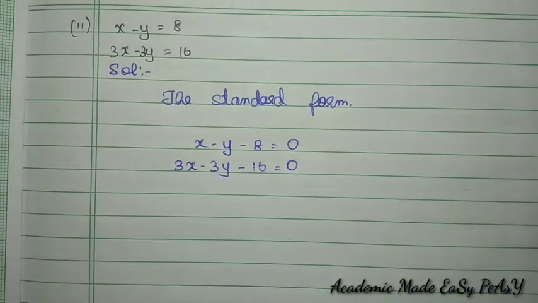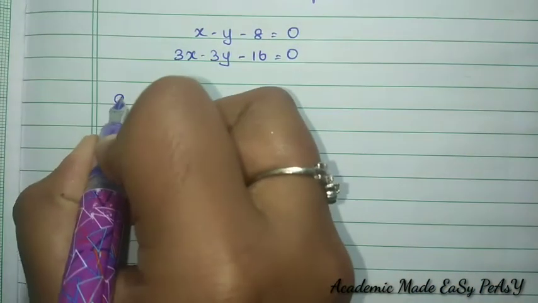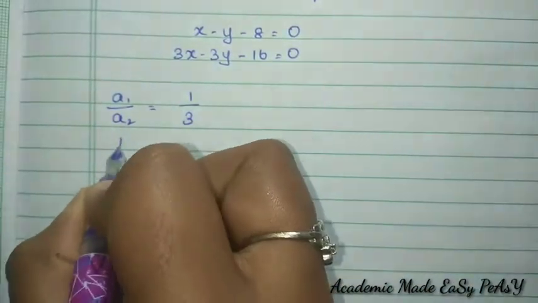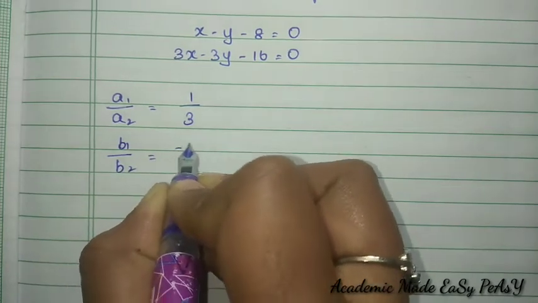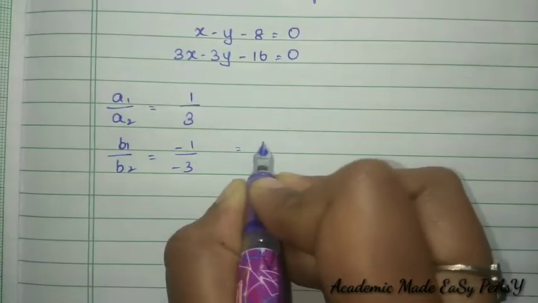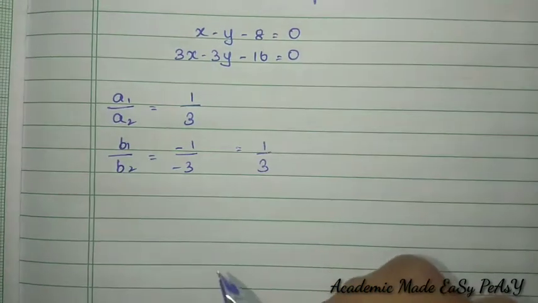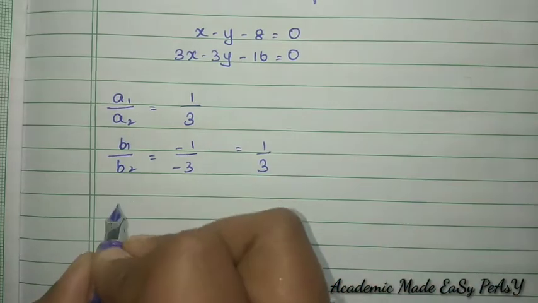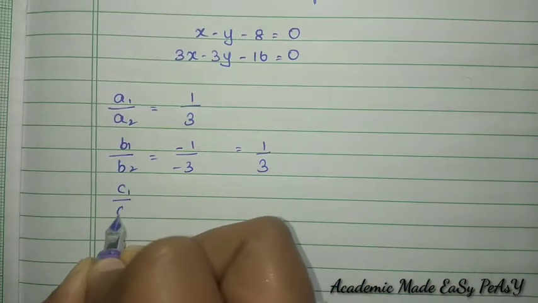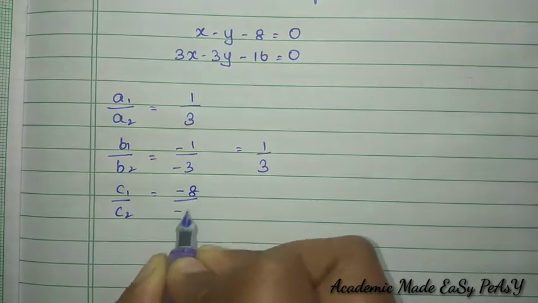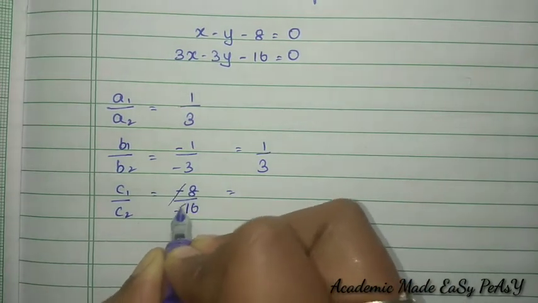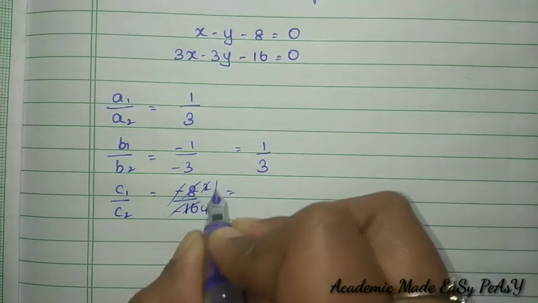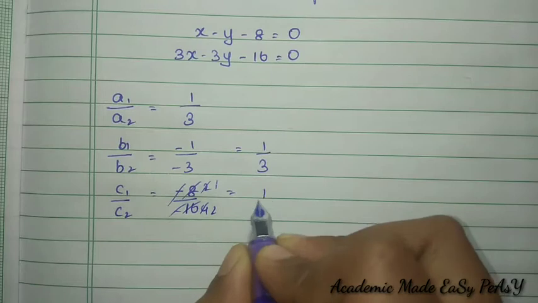Now let us write the ratios. a1 by a2 is equal to 1 by 3. b1 by b2 is equal to minus 1 by minus 3, which is 1 by 3. Since a1 by a2 is equal to b1 by b2, I am moving on to the next step. c1 by c2 is equal to minus 8 by minus 16. Minus and minus get cancelled, so this is 8 by 16, which is 1 by 2.